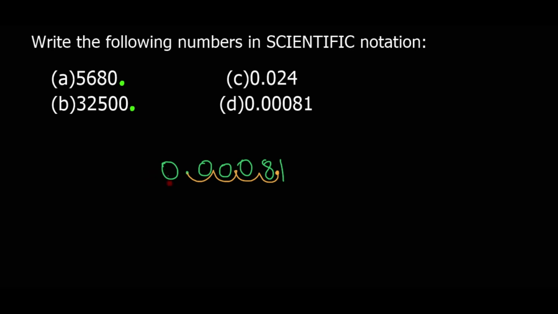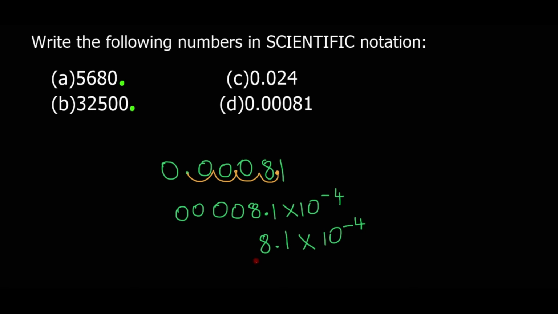This means we will have 8.1 times 10. We moved how many times? 1, 2, 3, 4. And then we write times 10 to the power negative 4. Or 8.1 times 10 to the power negative 4. So this is our answer.